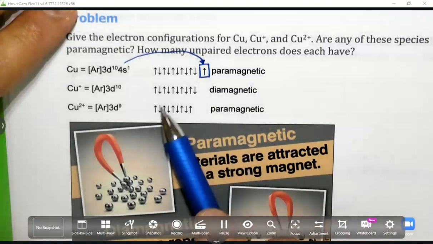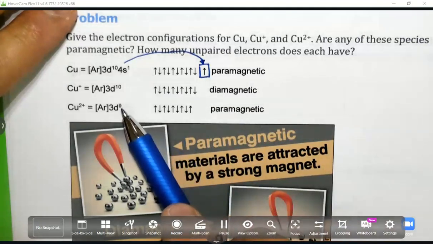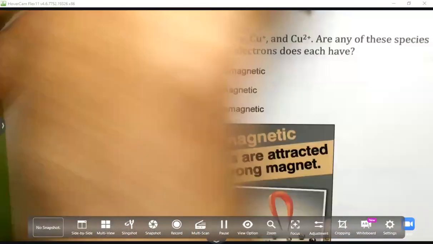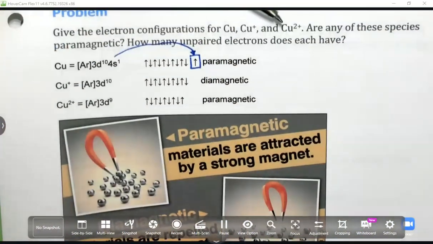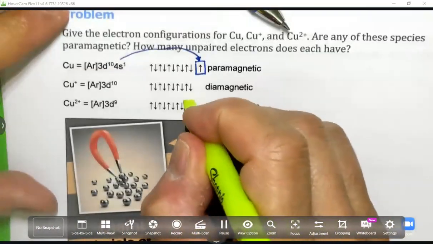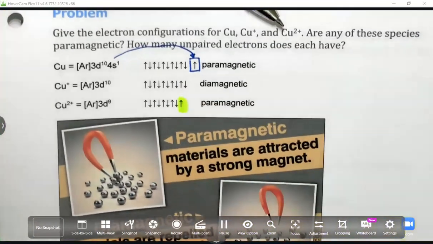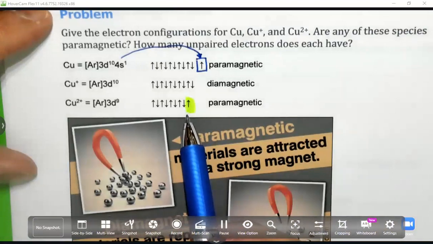Diamagnetic. This is 3d9. So that one would make this paramagnetic, right?